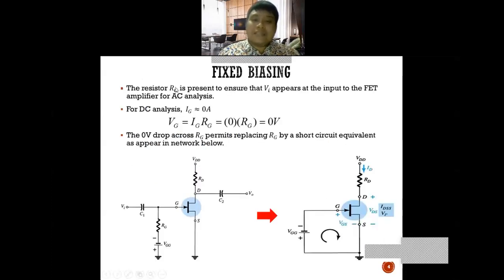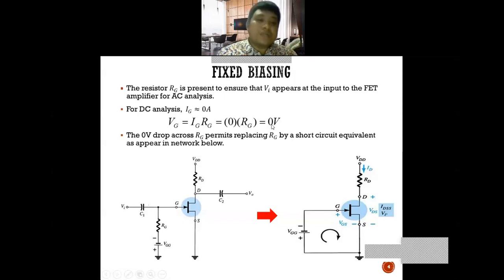The resistor Rg is there to ensure that Vin appears at the input to the FET amplifier for AC analysis. For DC analysis, Ig approaches 0 amperes. So if Ig equals 0 amperes, then Vg equals IgRg, which is 0 times Rg, so Vg equals 0 volts.